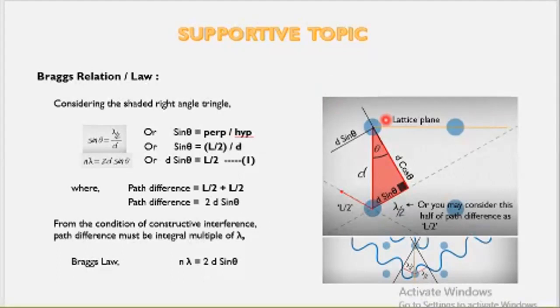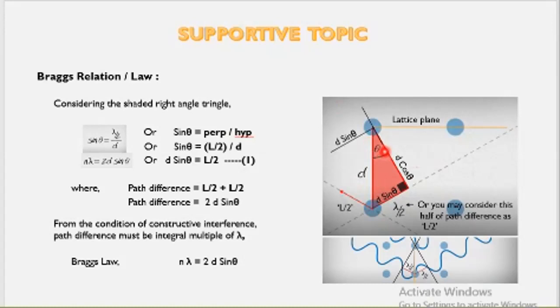So this is the figure demonstrated earlier. If we label the interatomic spacing as d, from this atom to this atom, the distance between these two consecutive atoms in a lattice plane is d. Here is the angle labeled as theta.